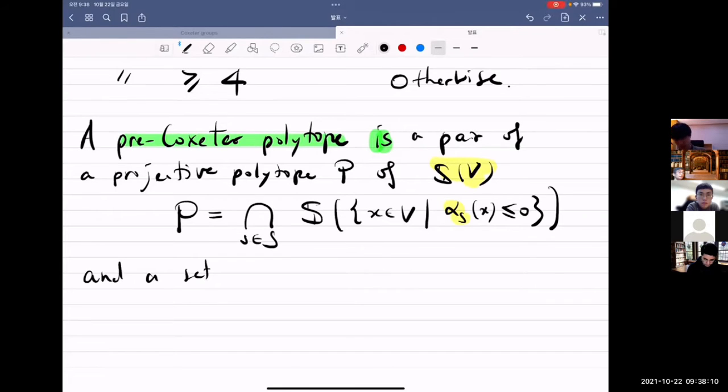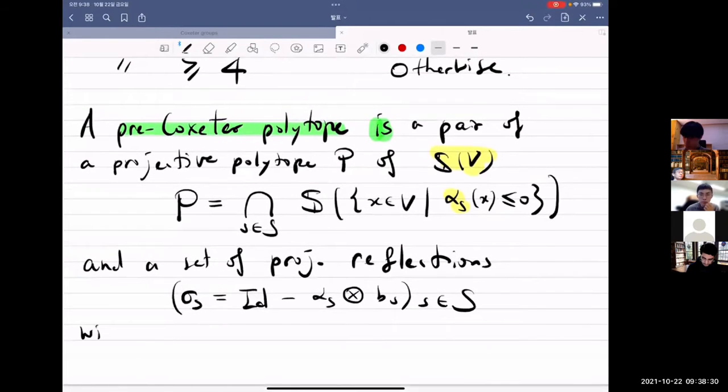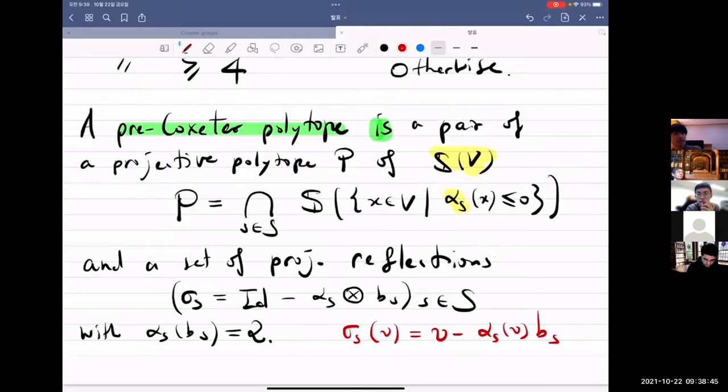Then we need to assign projective reflections. So sigma_S is simply the identity minus alpha_S tensor B_S, for s in S, with alpha_S(B_S) equal to 2. More concretely, sigma_S(v) is equal to v minus alpha_S(v) times B_S.